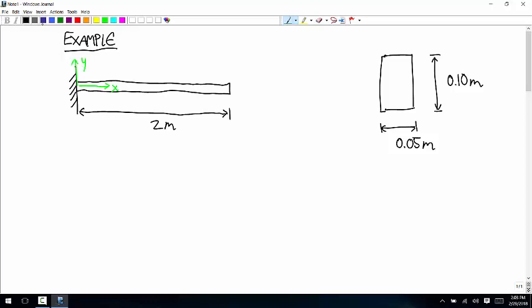And we want to analyze how likely it is. This is steel. And we want to know how likely is it that this is going to break.